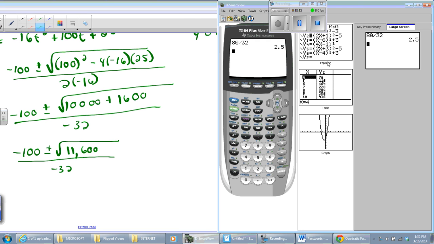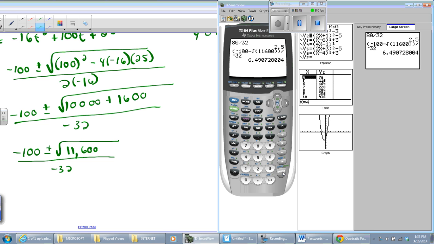All right, so I'm going to have the quantity of negative 100 minus the square root of 11,600, close that quantity, and divide by negative 32.